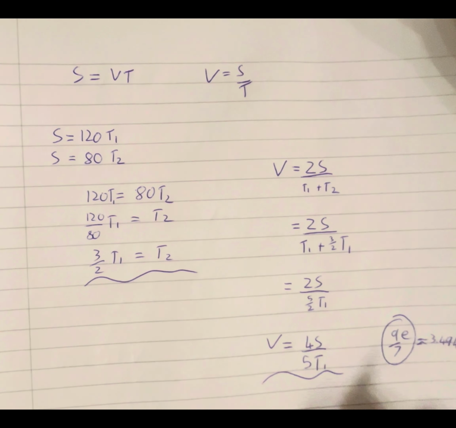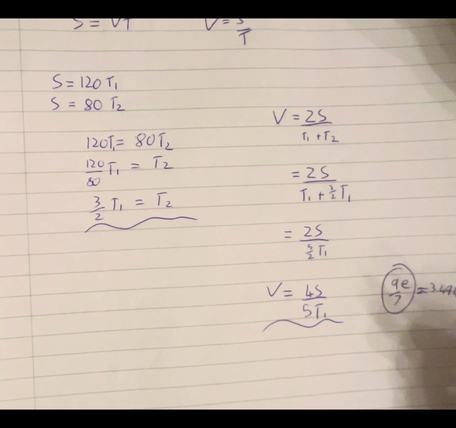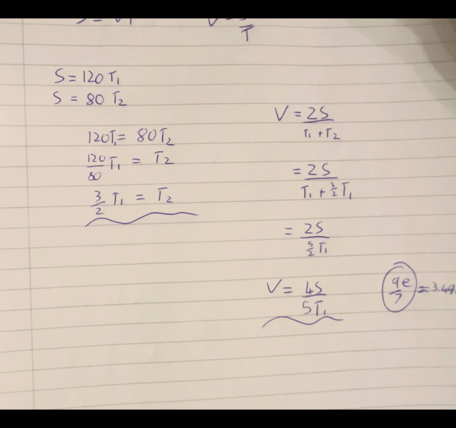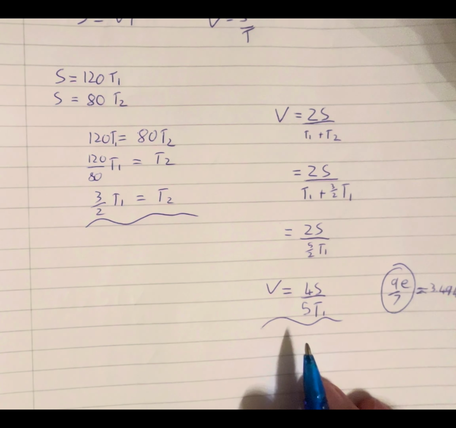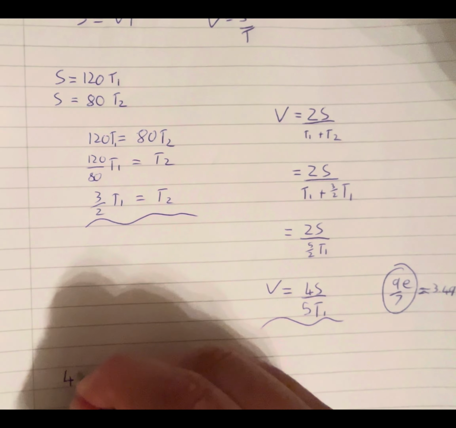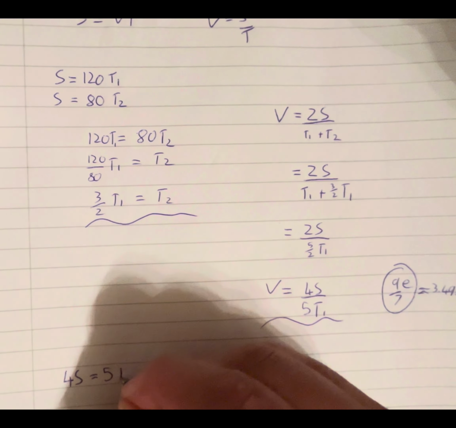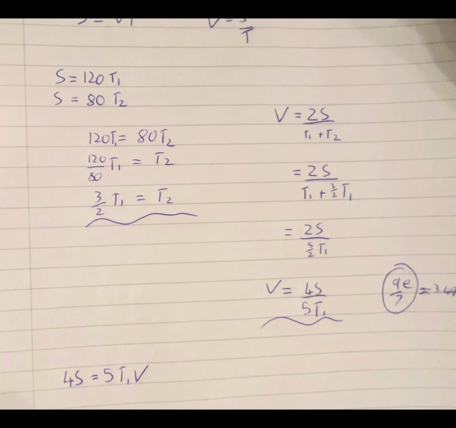But let's continue anyway, because like I said, I think we can do a little bit better than this. Since we have an expression for v, we can just rearrange this to get 4s equals 5t1v.